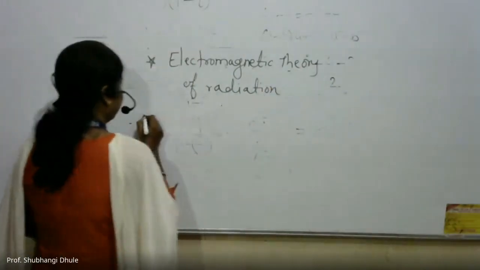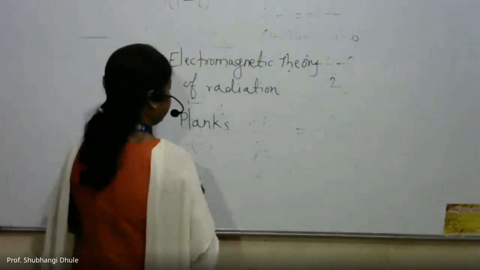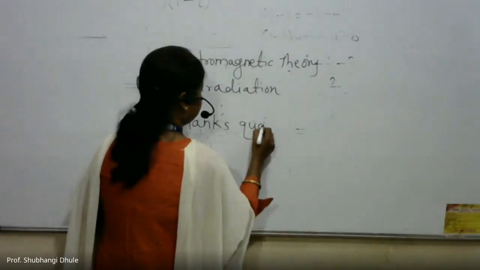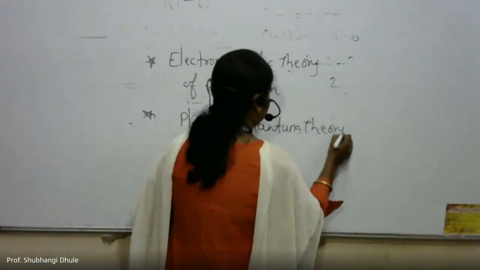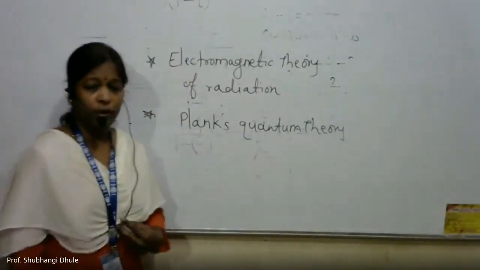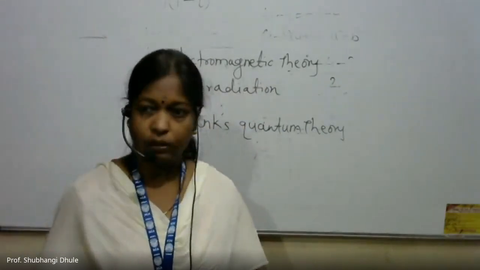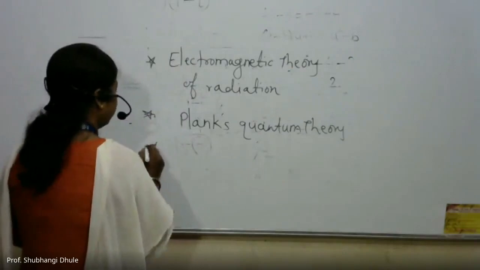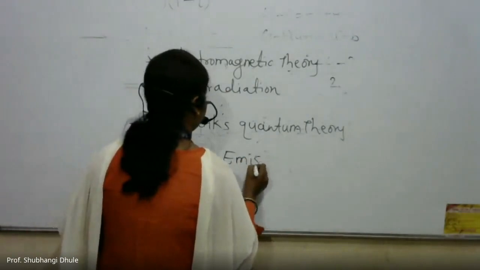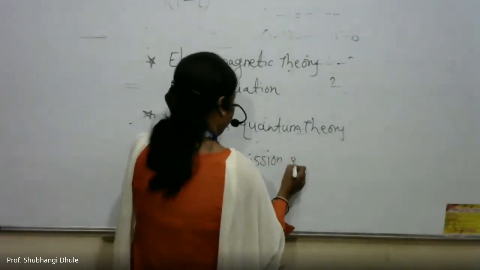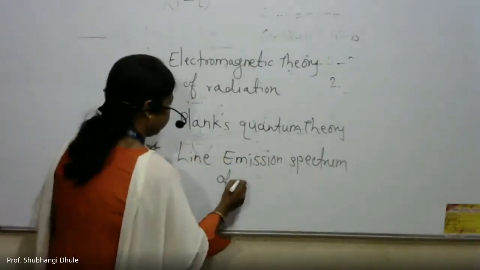And second is Planck's quantum theory. The name of the scientist is Planck, and his theory is called Planck's quantum theory. So these two things were utilized by the scientist Bohr. And one more important thing is the line emission spectrum of hydrogen.